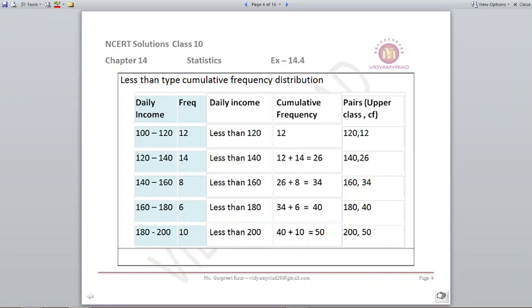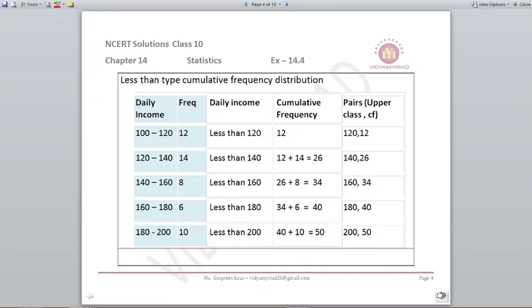With respect to frequencies, we will mention cumulative frequencies. What do we do for cumulative frequencies in the less than type? We add the respective frequencies. The first 12 will remain as 12. The second cumulative frequency will become 12 plus 14, that is 26. Next, 26 plus 8, that is 34. 34 plus 6 is 40, and 40 plus 10 is 50.